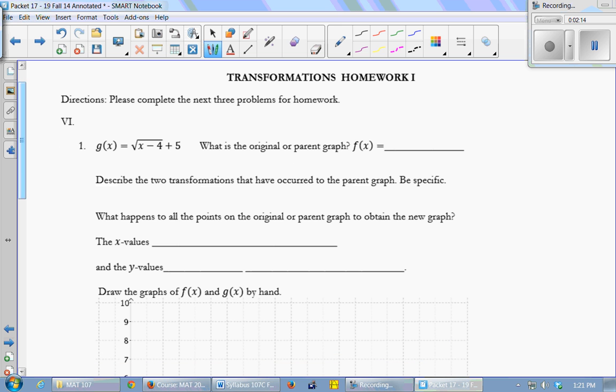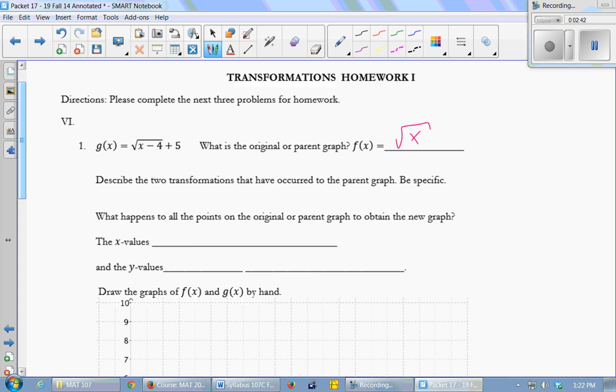So I'm going to apply my conclusions here to the function, the square root of the quantity inside, pre-operation, x minus 4, then post-operation plus 5. What's the original or parent graph or basic graph that this is a transformation of? Square root of x, yep.